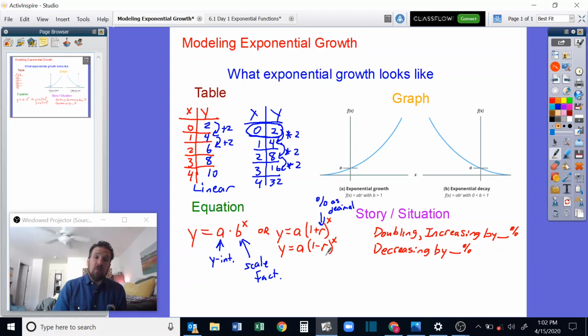And so again, this rate would be what percent it's increasing by or decreasing by. And again, that's in this language of situations that we might run into. So that's just a quick look at the way that we recognize what exponential growth looks like when we see it, so that we can start to use those exponential tools to do that math.